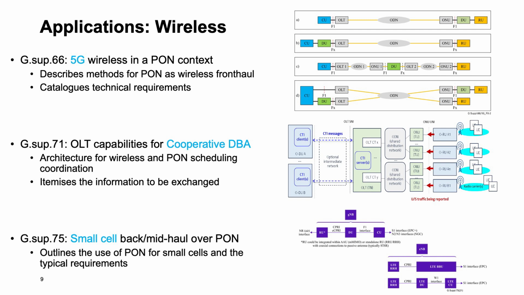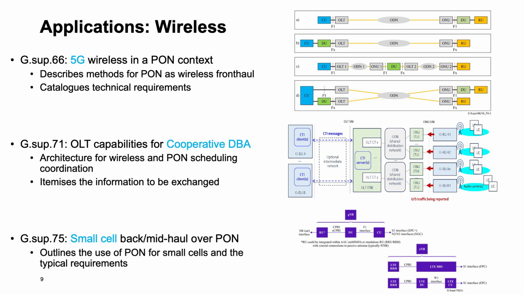The next one is dealing with what you need on the OLT side. This is supplement 71 to enable the cooperative DBA, the dynamic bandwidth allocation that you have in TDM-PON. This is where the wireless, or the RAN equipment, is able to talk to the PON equipment and share scheduling information and inform the PON that some capacity needs to be enabled for, let's say, a user's handset.